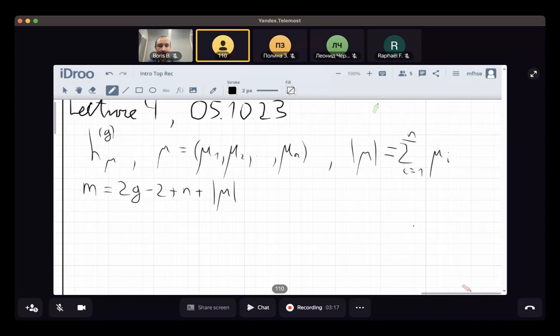So we say that H_g(mu) is the... actually, at this point let me mention that there are several different definitions of what we call a Hurwitz number, and in the literature you can encounter various definitions.